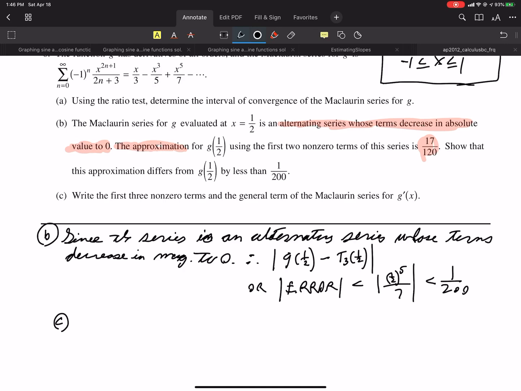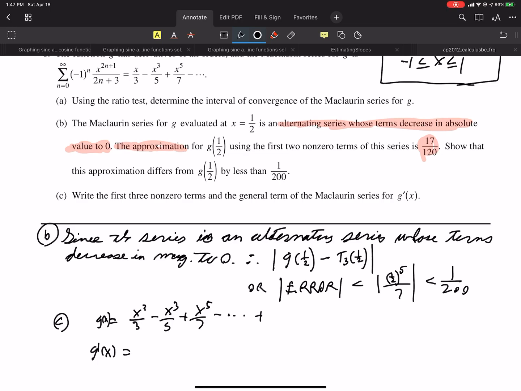And so if we are given G is our original function, here's the original Taylor series they gave us. The rule says the derivative of the function on the left is equal to the derivative of the individual terms of our Taylor series, and they want the first 3 non-zero terms and the general term.